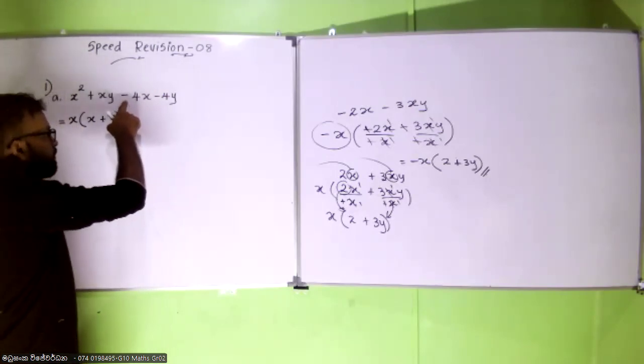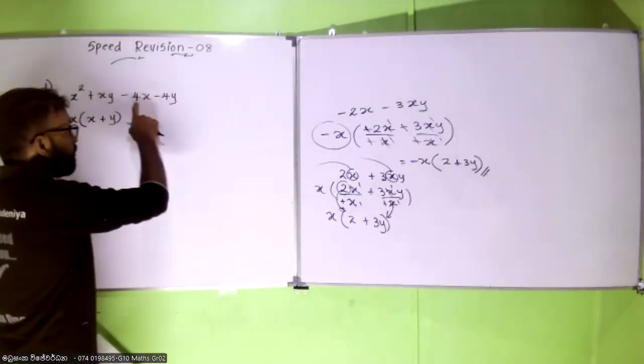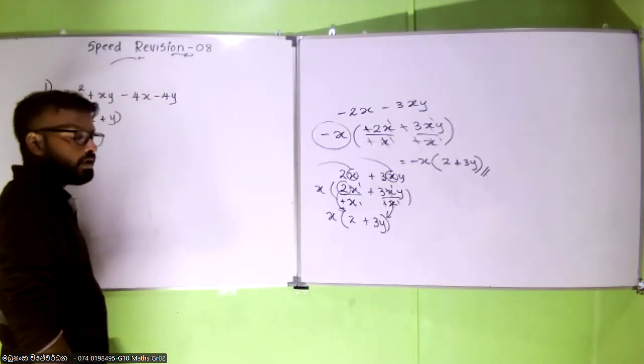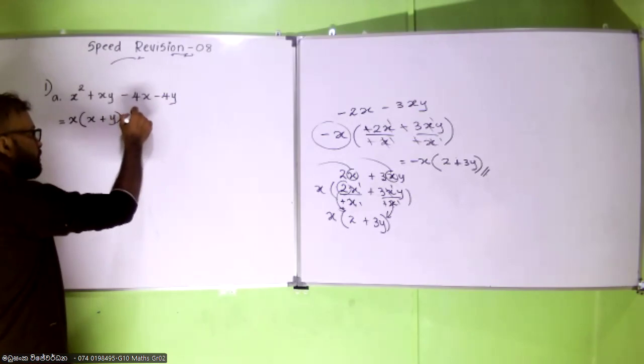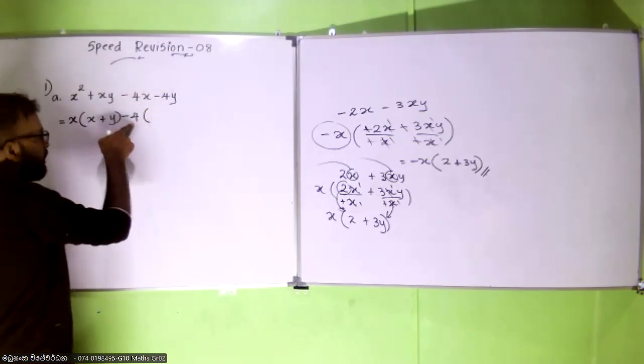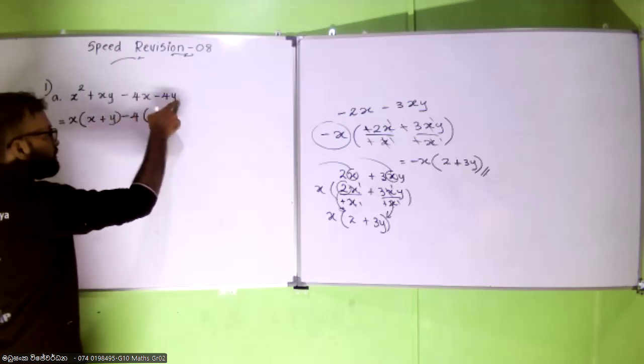What is the common term? 4 and negative is also a common term, for both of the terms you have negative. So take negative 4 out. If you are taking negative 4 out of the brackets, you are going to divide this term by negative 4, and this term by negative 4.